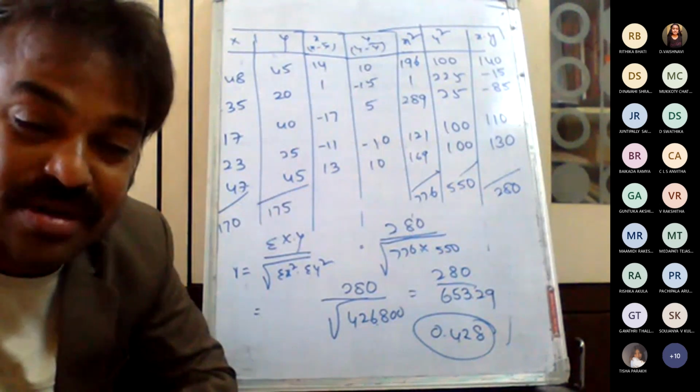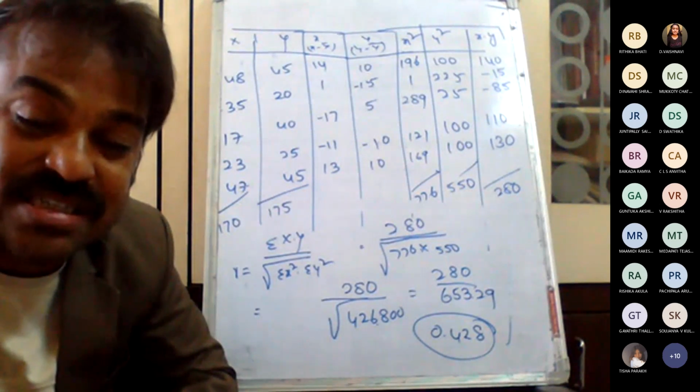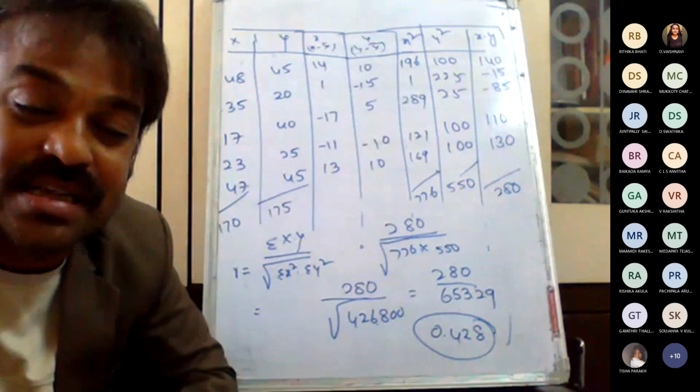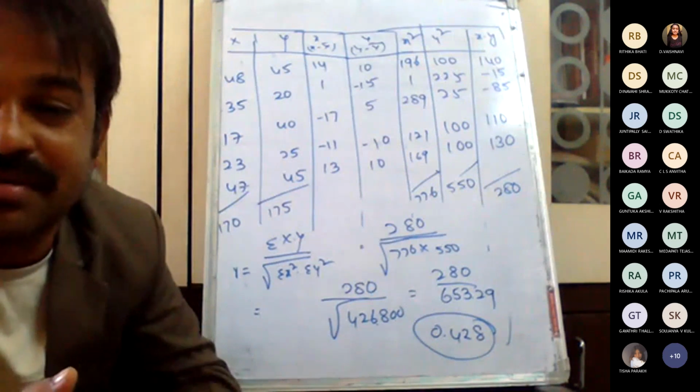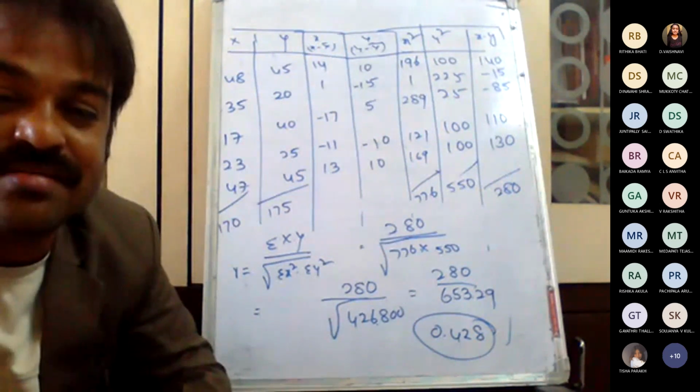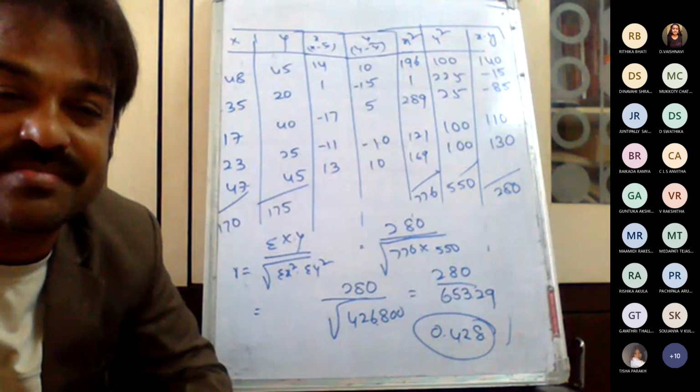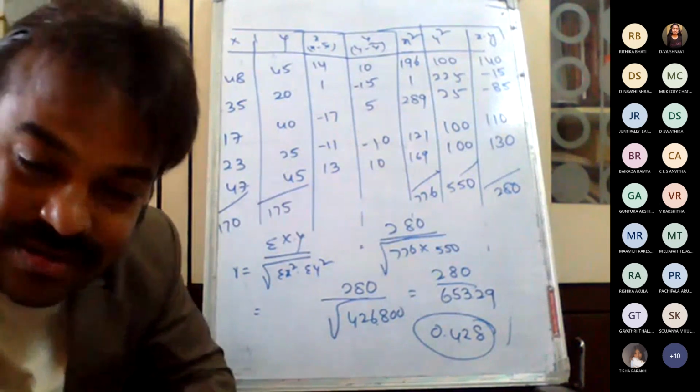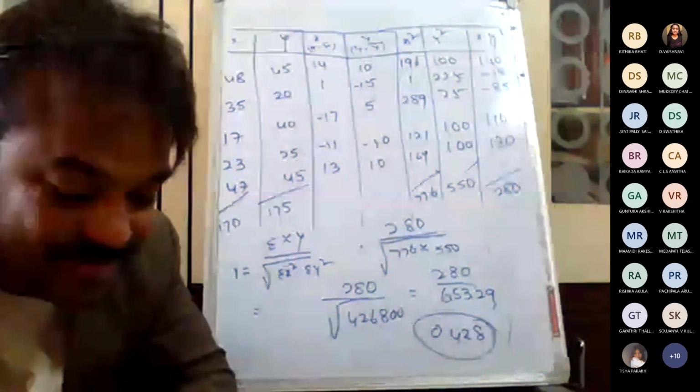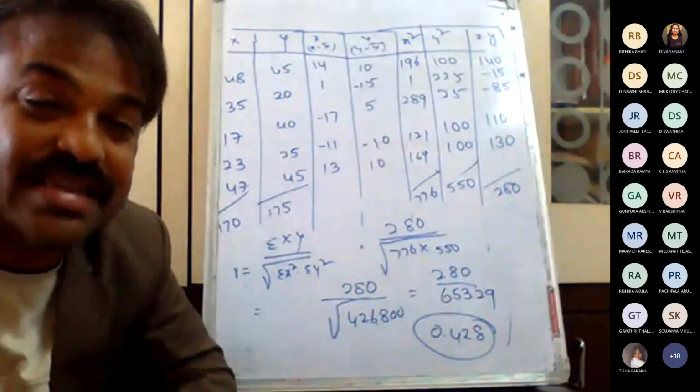Just now I told you the example: as vaccination increases, the effect on the other variable decreases. Yes, that is good. If it is not decreasing, then there is no use of the vaccination, correct? So like this you have to conclude.